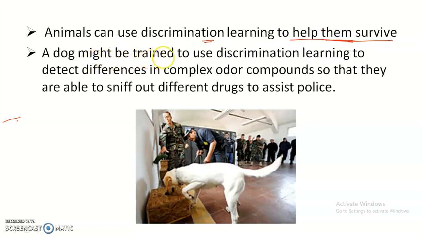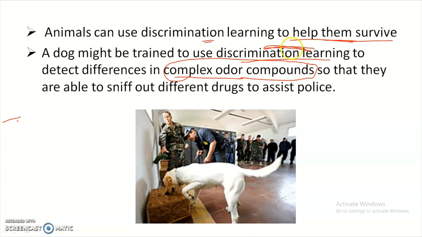And a trained dog is used to discriminate. It actually uses discrimination learning to detect differences in complex odor compounds. That means police or military trained dogs are able to detect drugs, bombs and RDX, all these things, because they are properly trained. Such training is nothing but discrimination learning.